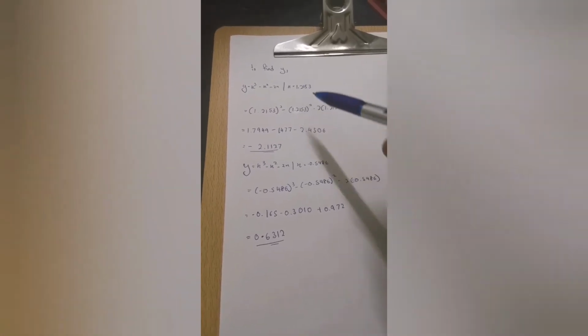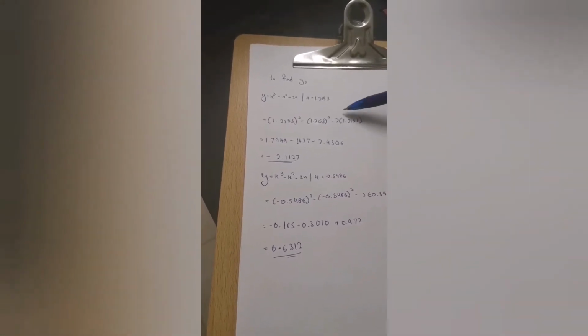Now let's see how we can get y. Here we can just substitute the x value, so we can calculate y's value. Before this we calculated x1 and x2. First I am using x1, just substituting.